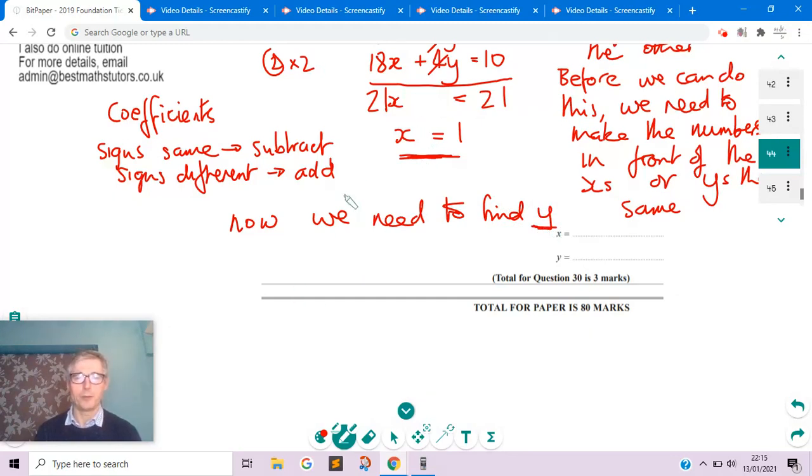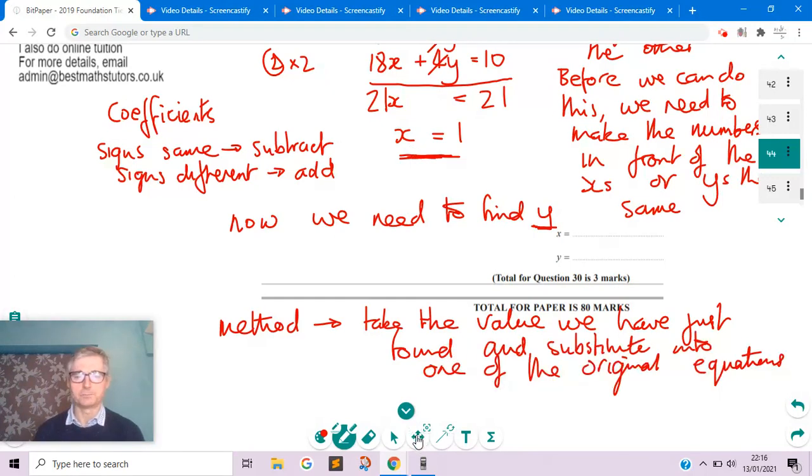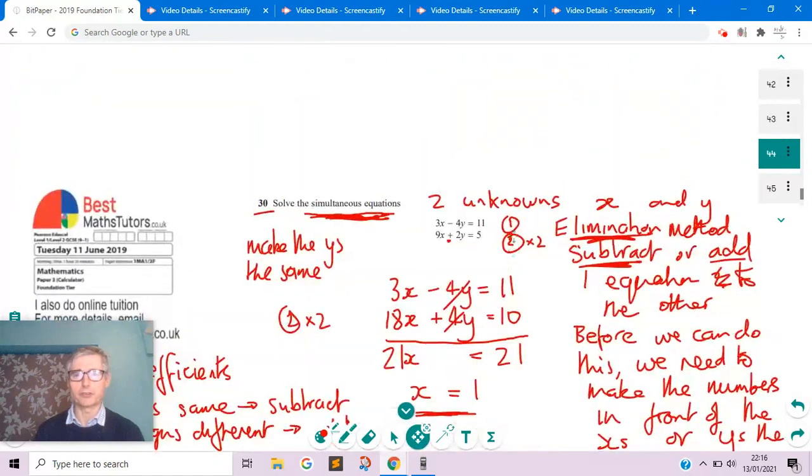So the method for that is we take the value of x that we've just found and substitute it into one of the original equations. So let's have a look what the original equations were. 3x minus 4y equals 11, or 9x plus 2y equals 5.